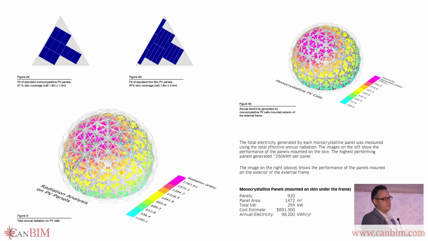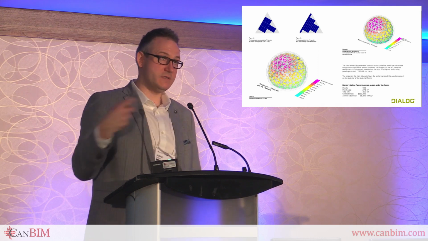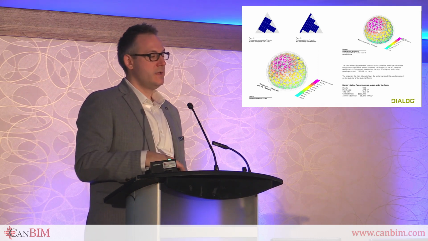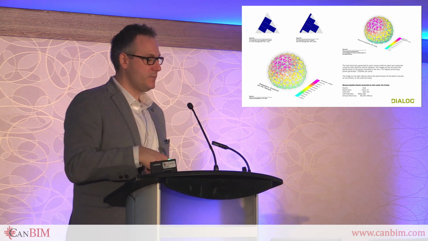So we studied a few more than the ones I'm showing. I'm just showing two as an example here. But then we also looked at the incidental radiation absorption. So we set it up and animated it, obviously not over a 24-hour period, but sunrise to sunset.